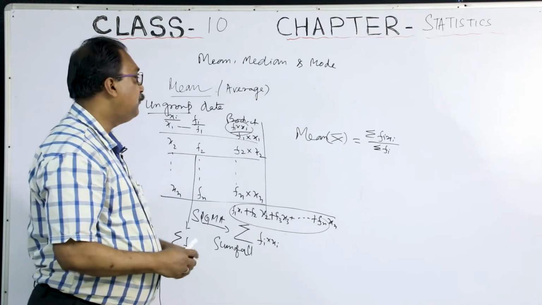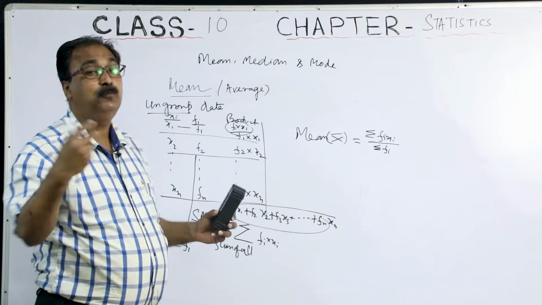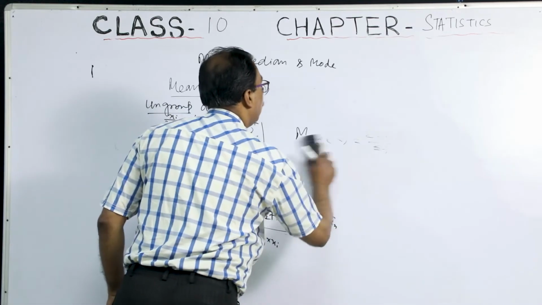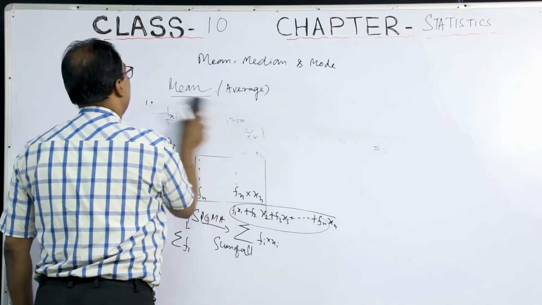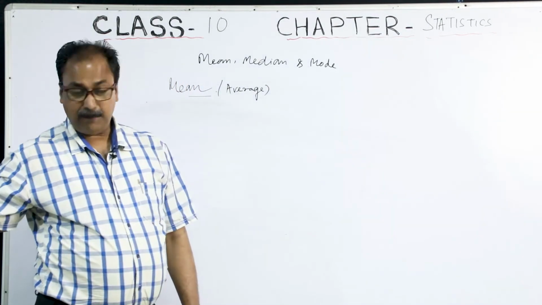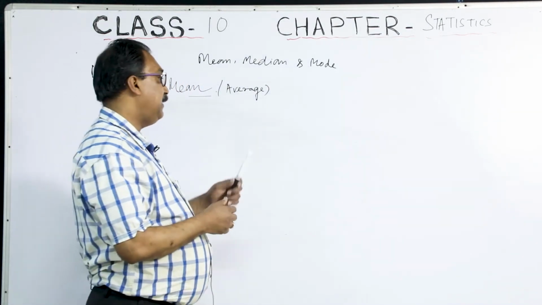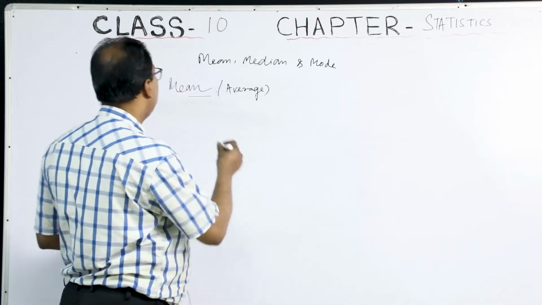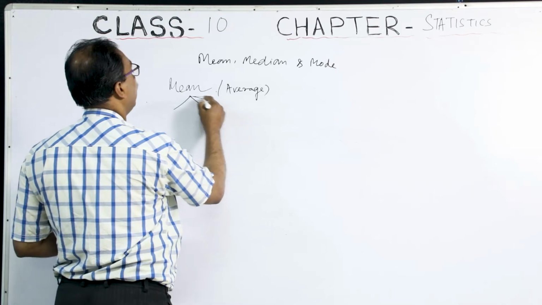Clear? Now I come to class 10 with the grouped data, how to find the mean. Some grouped data you did at class 9 level, that is called the direct method. So for the mean we can start with 3 methods here.